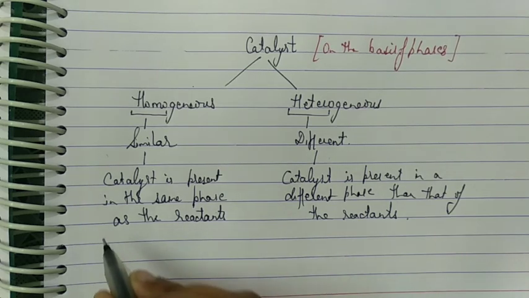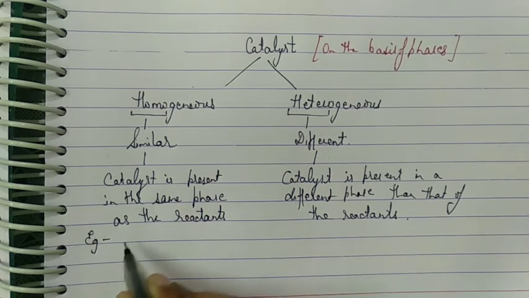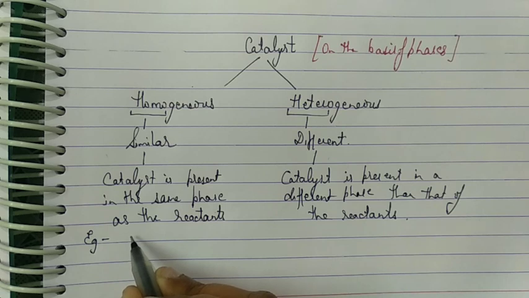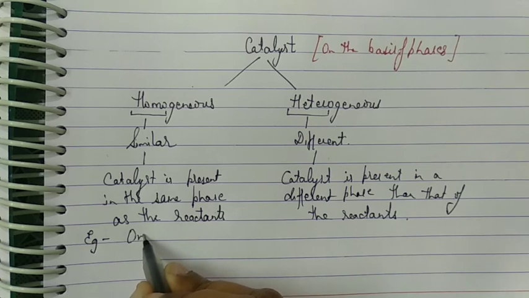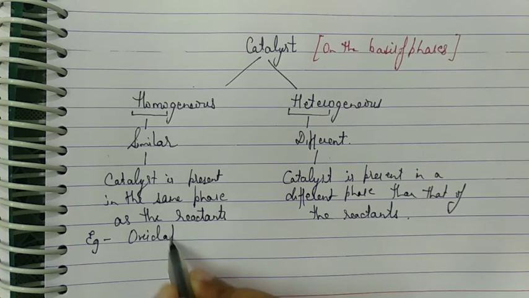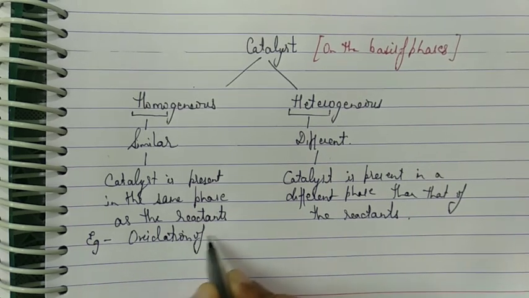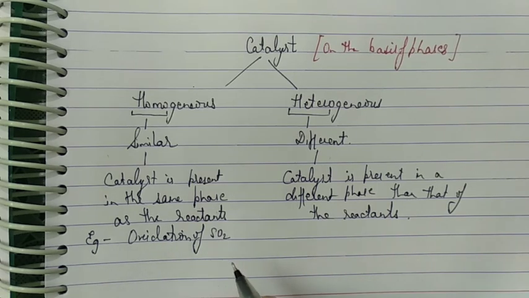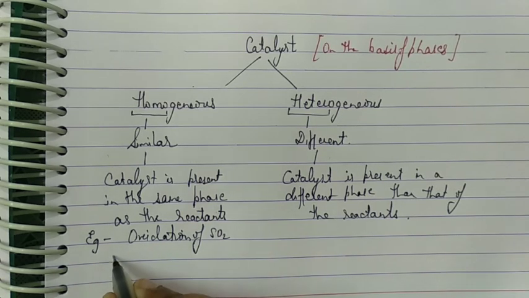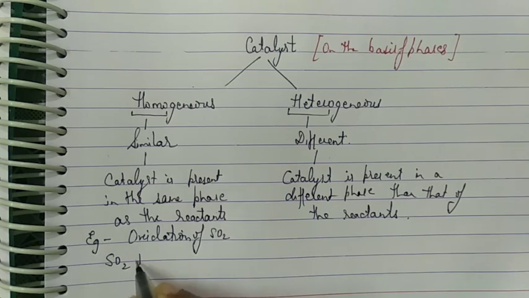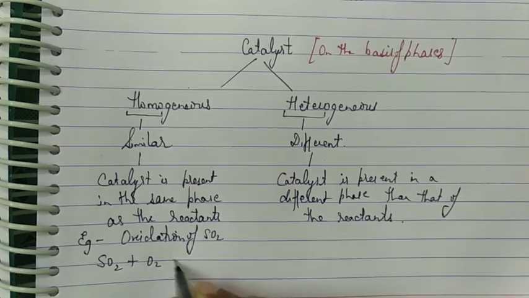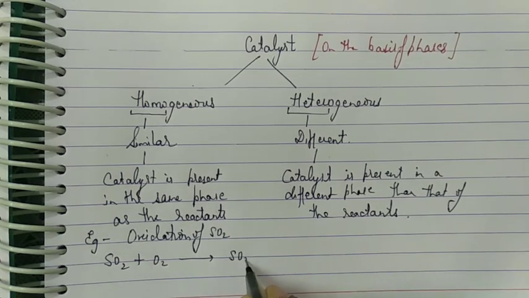We'll see with the help of an example here. If we talk about formation of sulfur trioxide, it is done by the process of oxidation of sulfur dioxide. So what is the reaction? SO2 plus O2 will give you SO3.